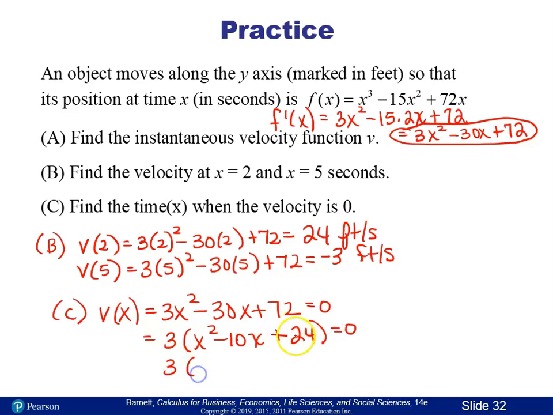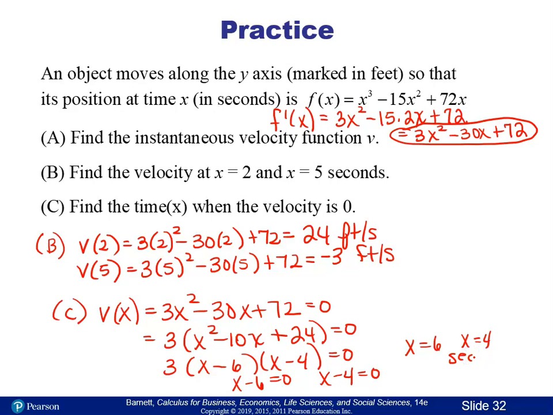And then when I factor this, I need numbers that multiply to give me 24 and add to give me 10. So I'm going to do 6 and 4. So when I set those equal to 0, x minus 6 equals 0, and x minus 4 equals 0, I'm going to get 6 and 4 seconds. So at 6 seconds and at 4 seconds, the velocity would be 0.